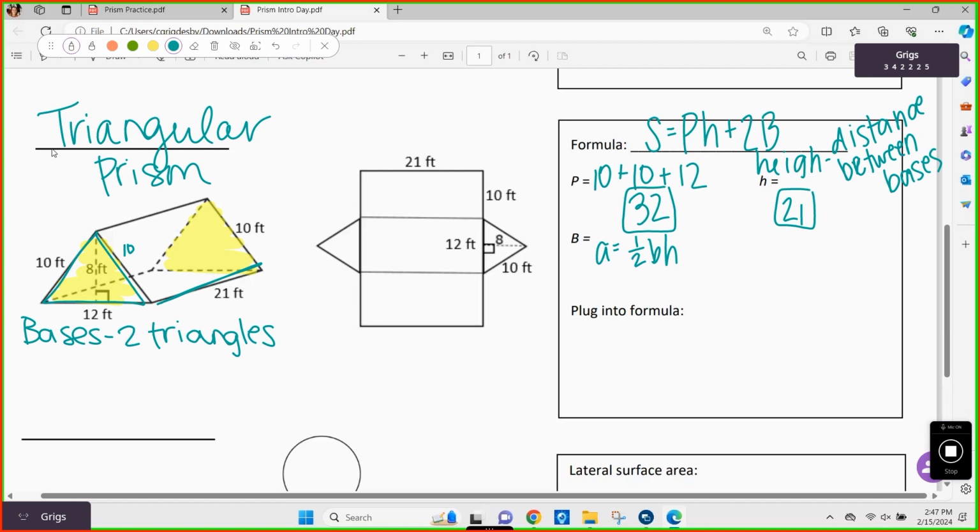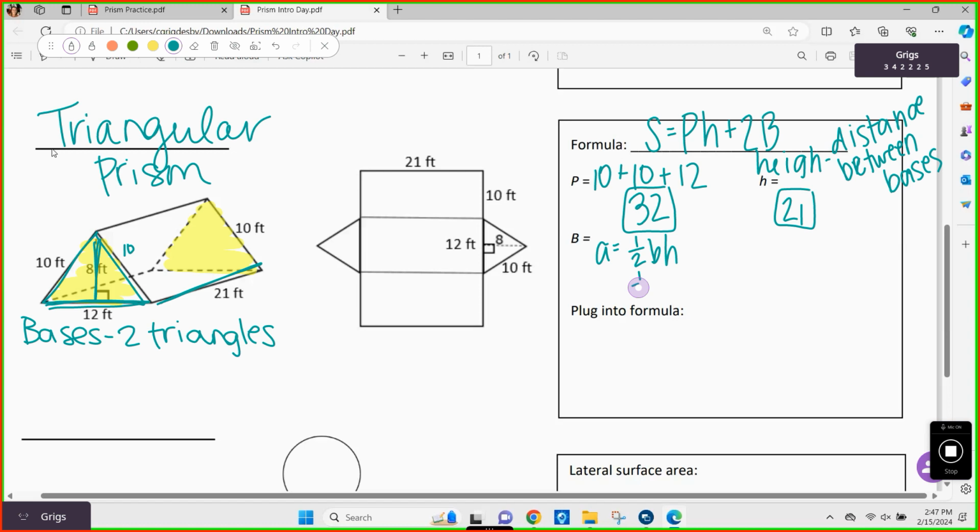Your base and height on a triangle will always make a right angle. So this 12 would be the base of my triangle, and the 8 would be the height.